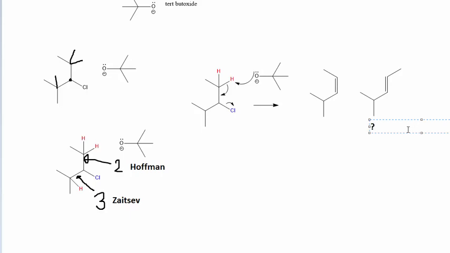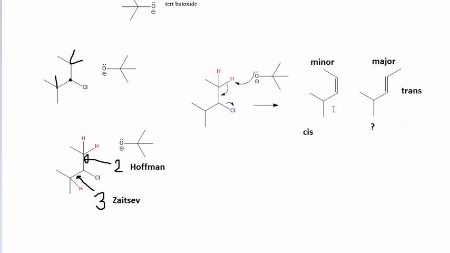So this will be the major product very slightly, and this will be the minor product very slightly. So although this was the Hofmann double bond, you still have the choice of making the trans or the cis isomer here.